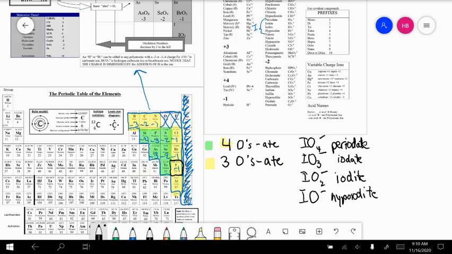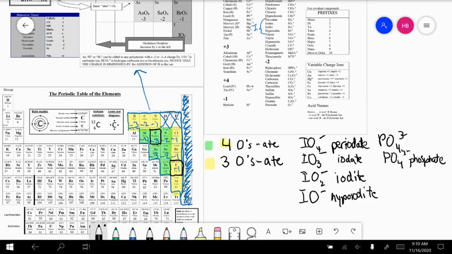Let's pick an any guy. So an any guy would be like phosphorus here. Because he's an any guy, his ATE version has 4 oxygens. So PO4, let's march the charges in. 1, 2, 3. Is phosphate. 1 more.